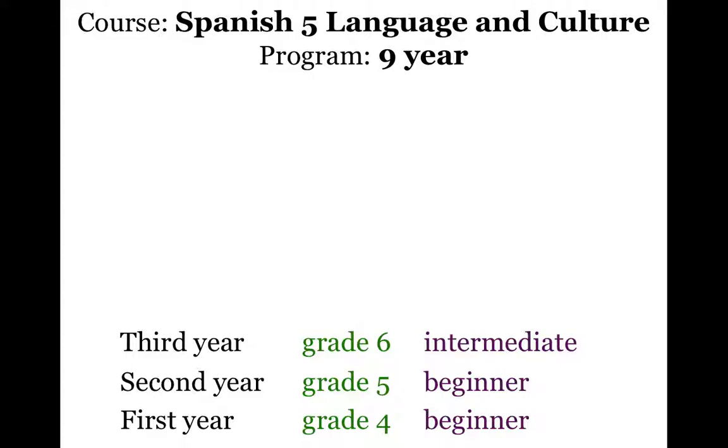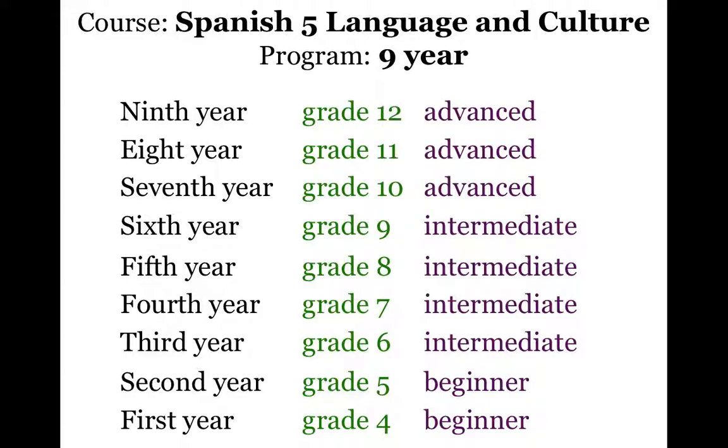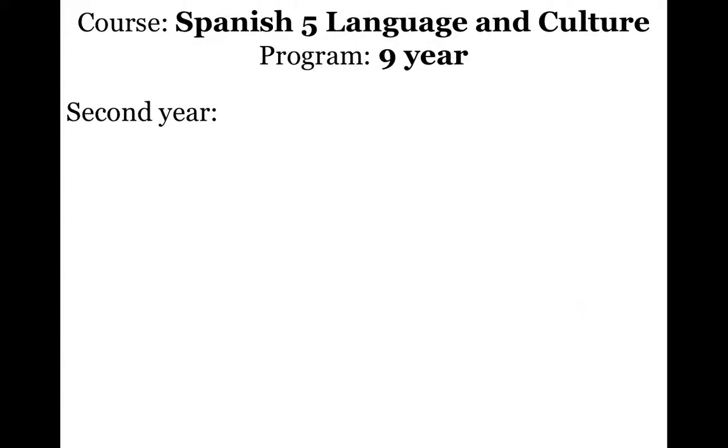Third year, and of course, if you intend on going on with this program, eventually you will be finishing in grade 12, which will be the 9th year of this program, and that's when you finish with Spanish 39Y. But right now we're in grade 5, we're taking Spanish 5. It is only our second year, and let's take a closer look at what that means.